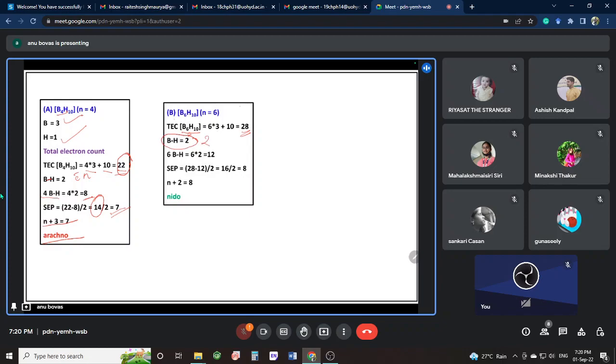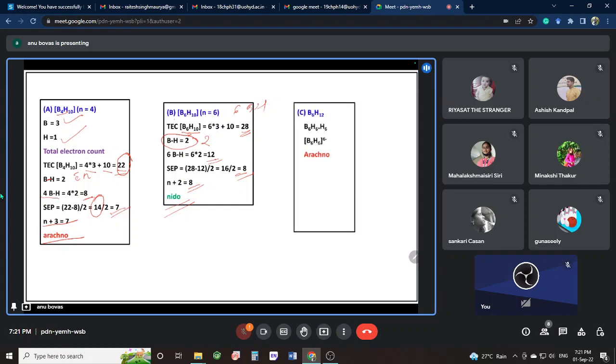Here there are 6 boron, so 6 BH fragments. So 6 into 2 is equal to 12. Therefore, the skeletal electron pairs will be 28 minus 12, divided by 2, that equals 8. Since n here is 6, 8 is n plus 2, and therefore it falls under the nido structure.